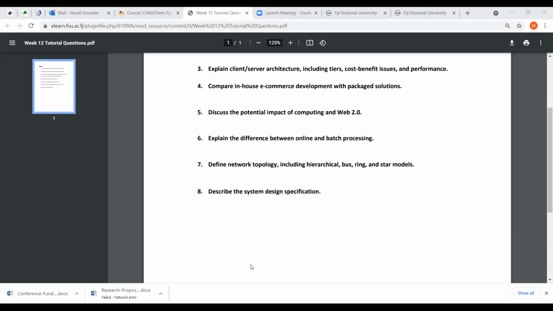Next up is system environment. After that, implementation requirements.